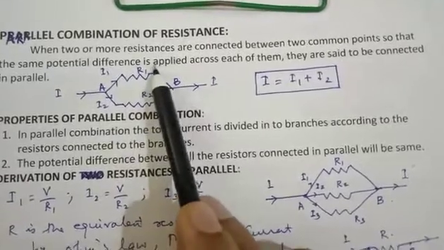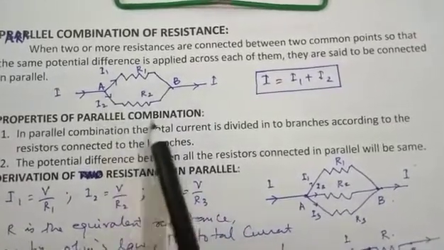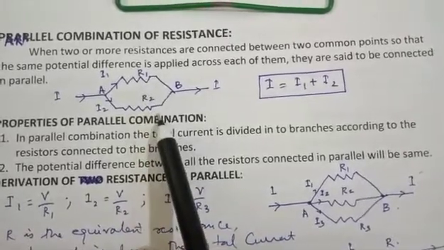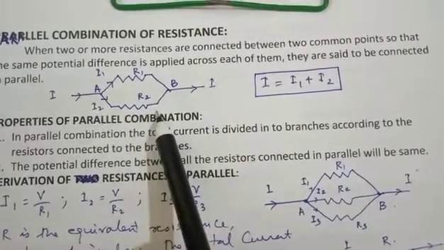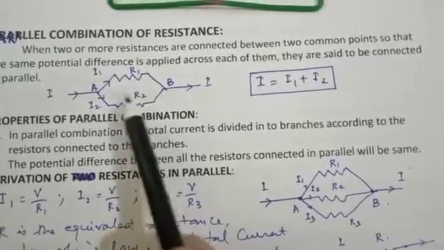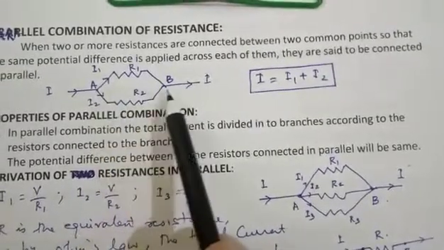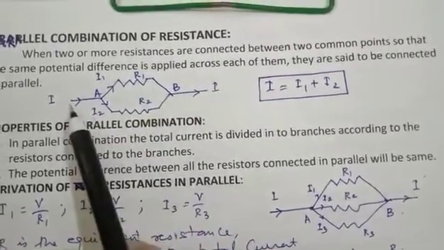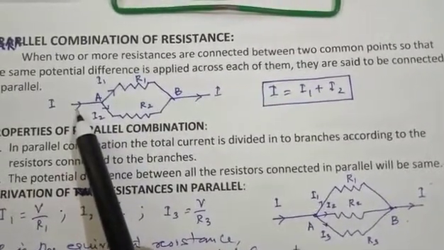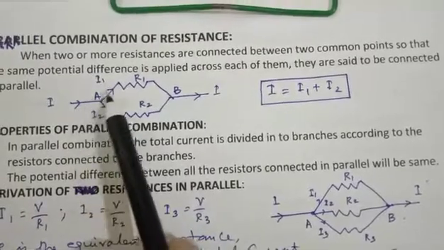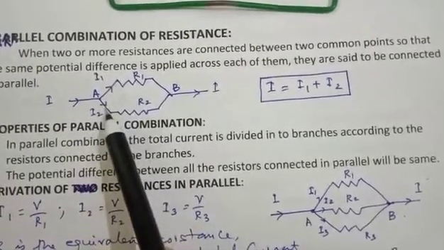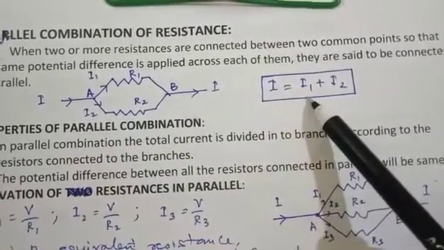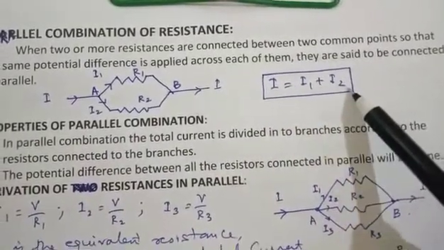So the connection of R1 and R2 will be considered a parallel connection, because both of them have the same common points A and B. If you look at the diagram here, I is the main current which is divided into branches I1 and I2. So we can say that I is equal to I1 plus I2.